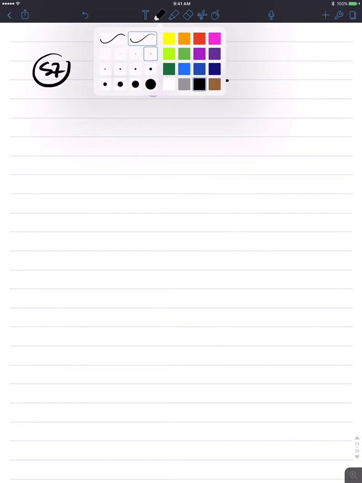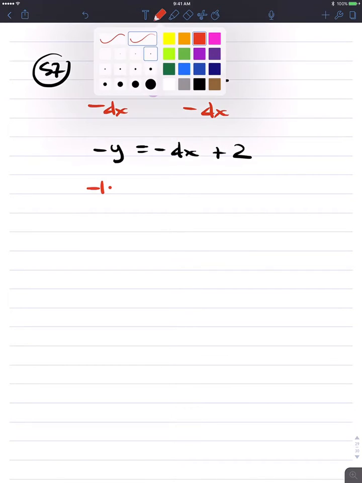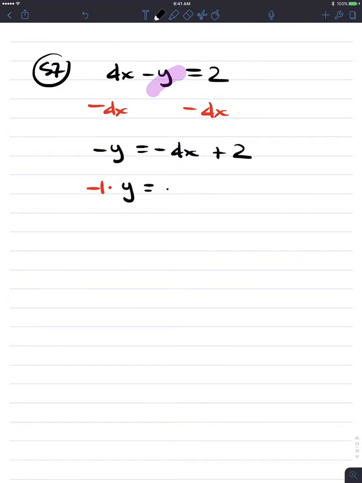57. 4x minus y is 2. We're solving for y. We start by subtracting 4x from both sides. We obtain negative y is negative 4x plus 2. Negative y is really negative 1 times your y, and that is negative 4x plus 2.